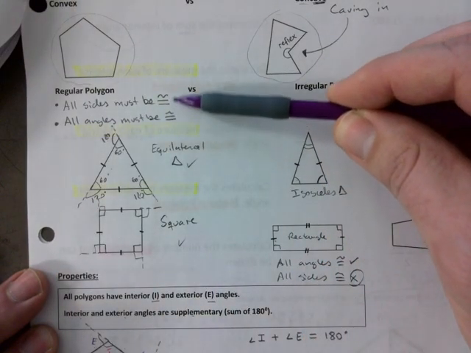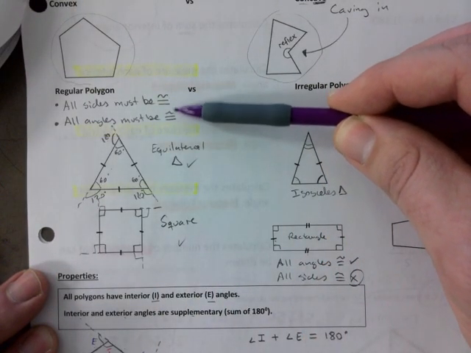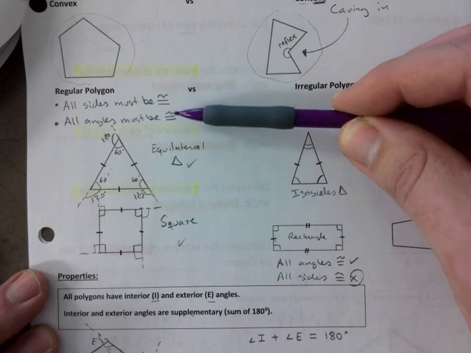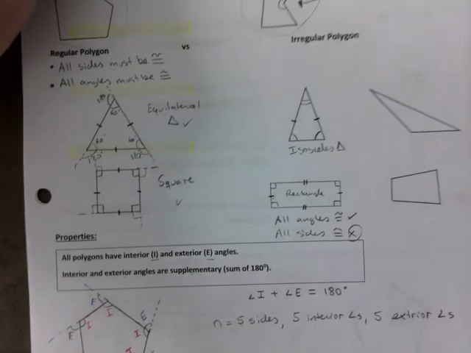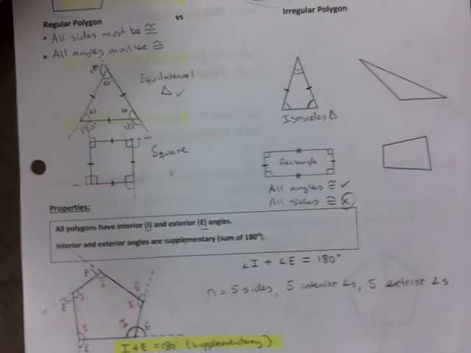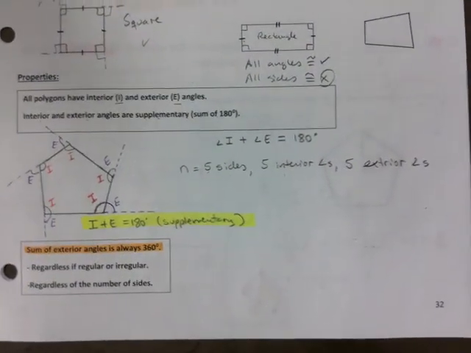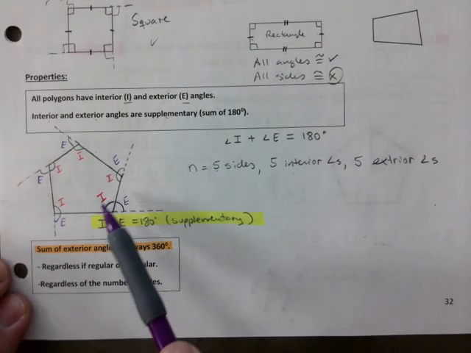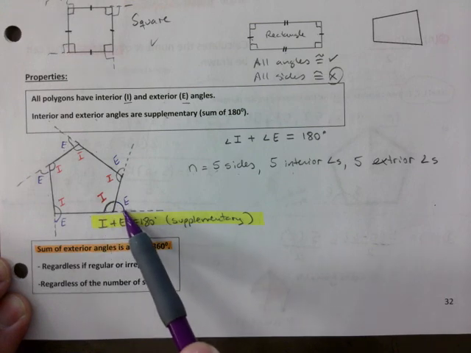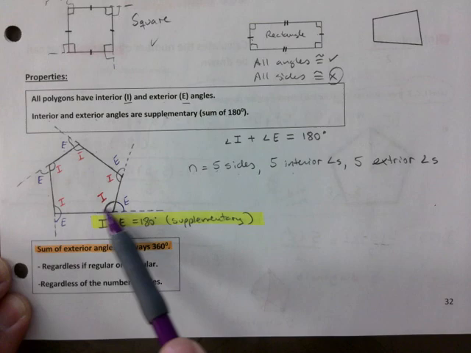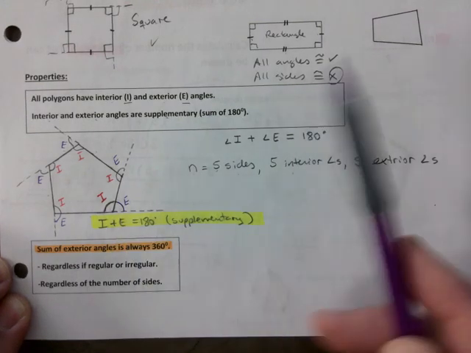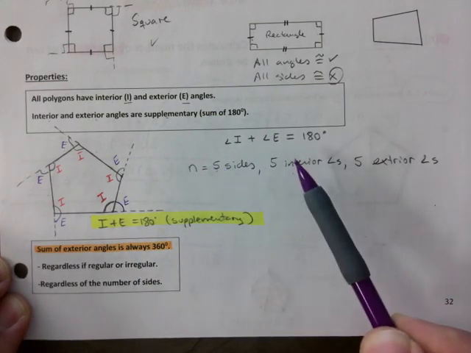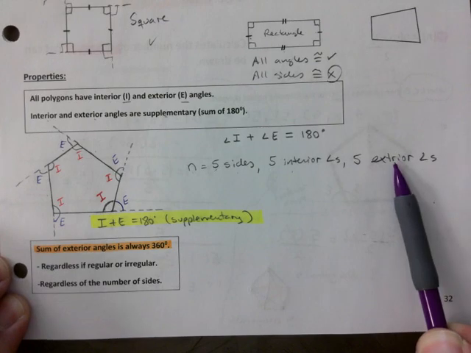You need to make sure these two conditions are met for something to be considered regular. We talked about interior and exterior angles and the property in between them, that they're always along a straight angle, so they always add up to 180 degrees. The number of sides tells you how many interior and how many exterior angles there are.